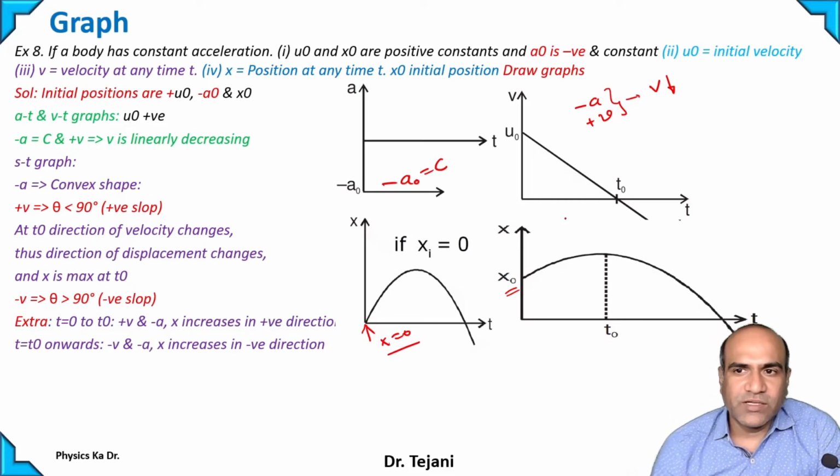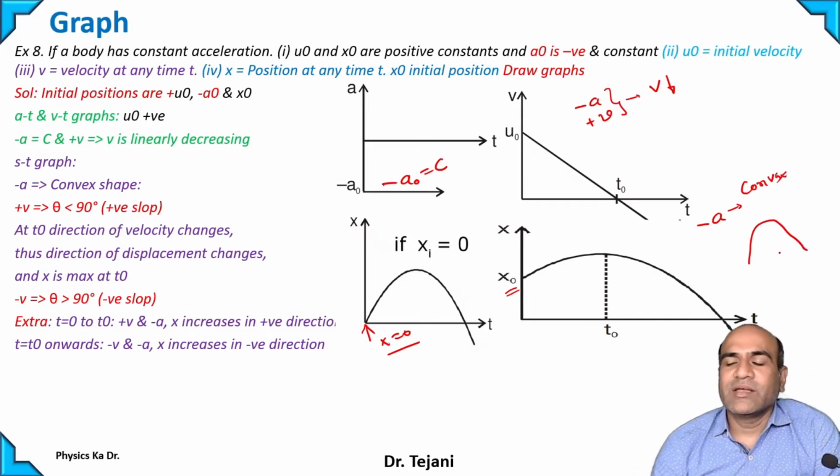In the next case, we need to check first the acceleration. It is negative, that means the shape is convex. This is the shape.